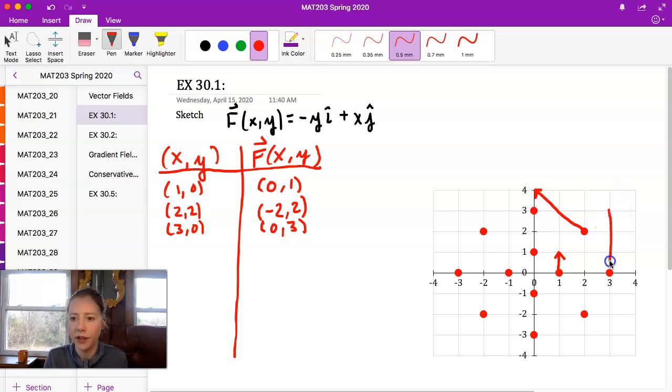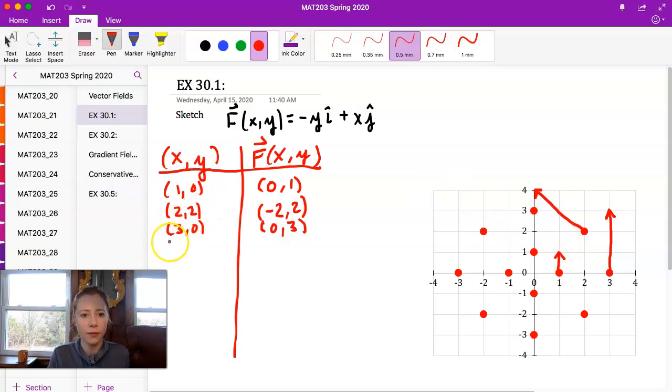So there's that vector. You can see this can be a little bit time consuming, but you can start to get an idea. Next time you see minus y i hat plus x j hat, you might have a sense of what this vector field might look like. So let's keep it going though.